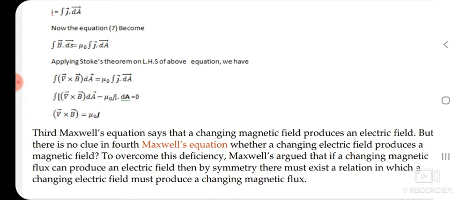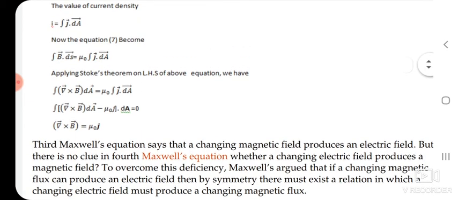To overcome this deficiency, Maxwell argued that if a changing magnetic flux can produce an electric field, then by symmetry there must exist a relation in which a changing electric field produces a magnetic field.